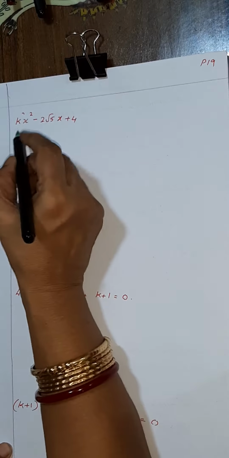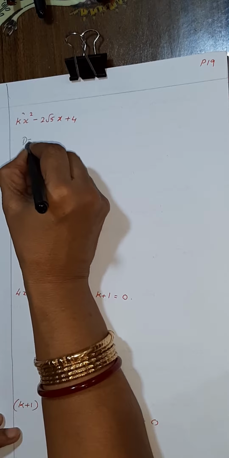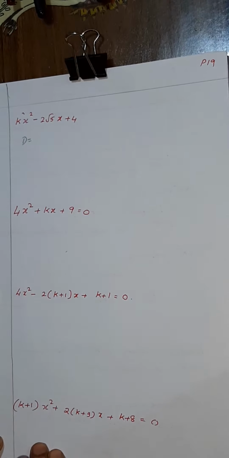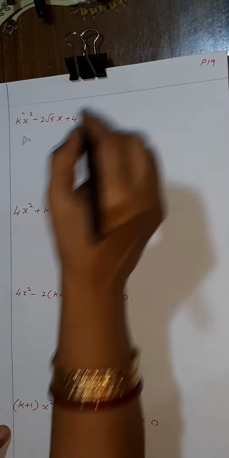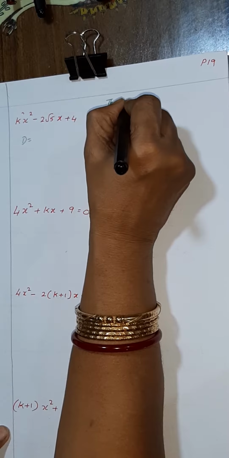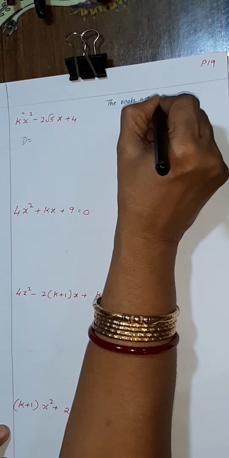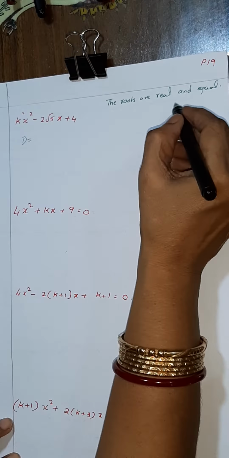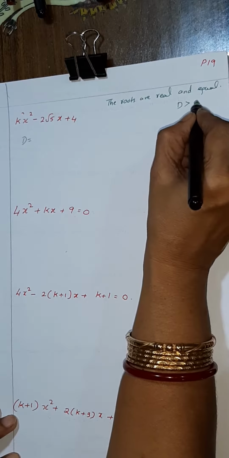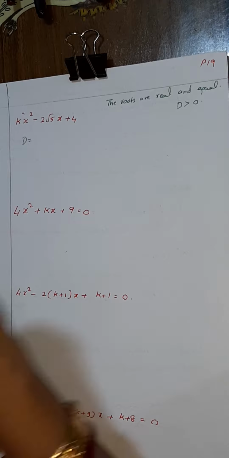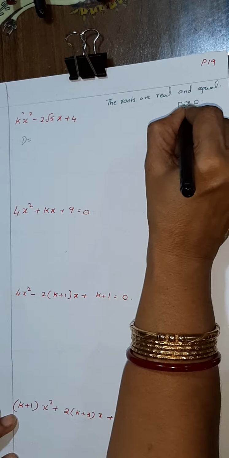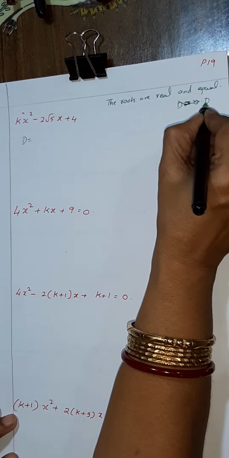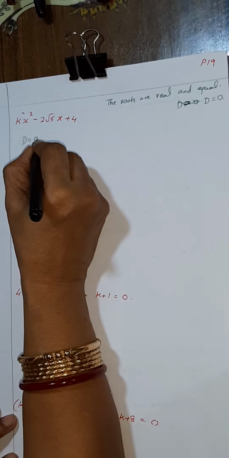Now here again it is given the roots are real and equal. If the roots are real and equal, then d is equal to 0.